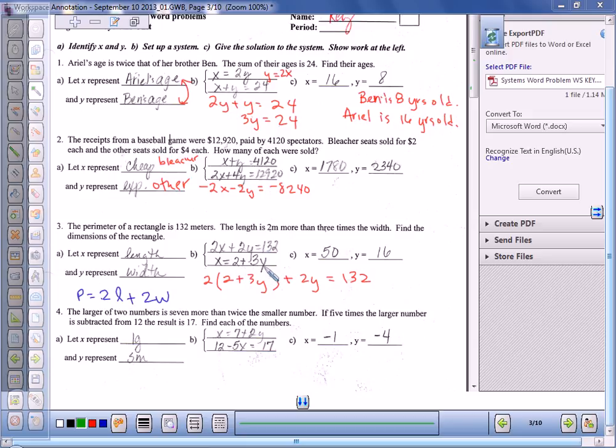I would use substitution since this one's already solved for x. Substitute it in and solve. You get x is 50, y is 16. So how would I answer this question? I would say that the length is 50 centimeters and the width is 16 centimeters.